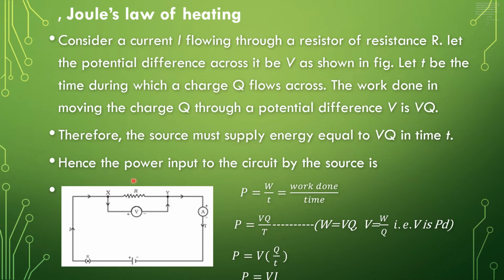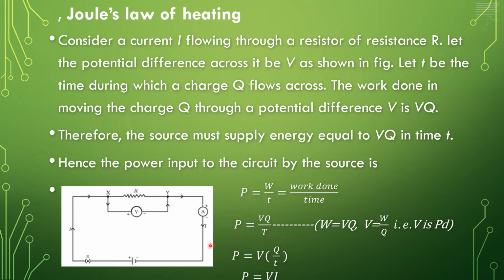Hence, the power input to the circuit by the source, P, is equal to W by T, which is nothing but work done by time. And here, we consider the work done to move a charge from one point to another point. That is the definition of potential difference. So from that, you will get the formula W is equal to VQ.